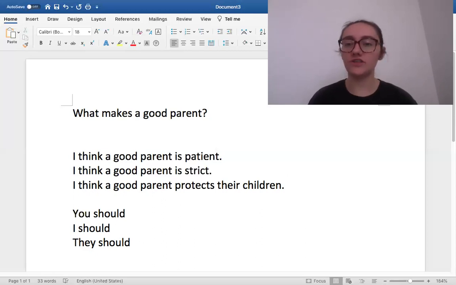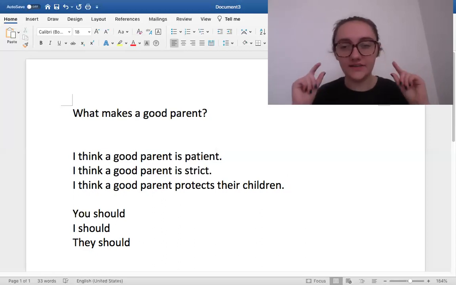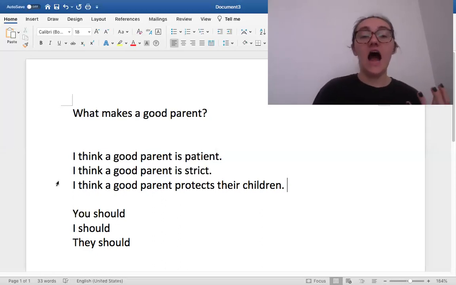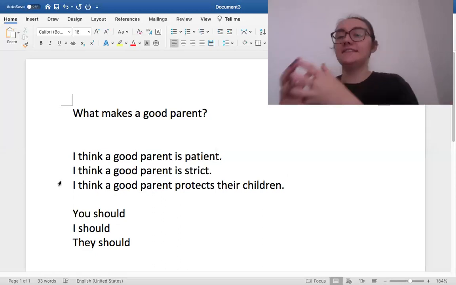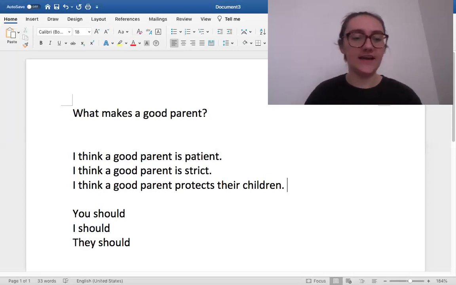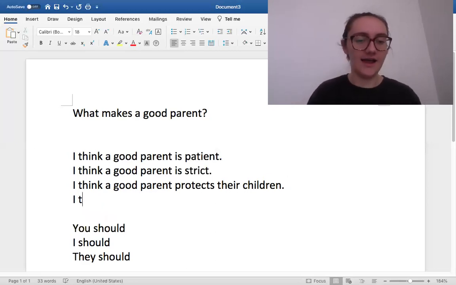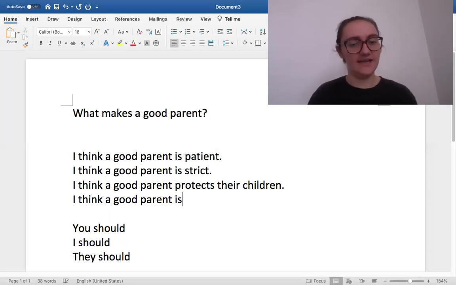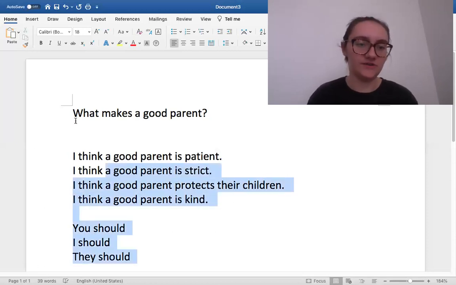So those are some of the ways. A way to talk about it is by saying, I think, and then saying what it is that you think. I think a good parent is strict. I think a good parent is kind. Right here, let me change the font so it's a little bit easier to see.